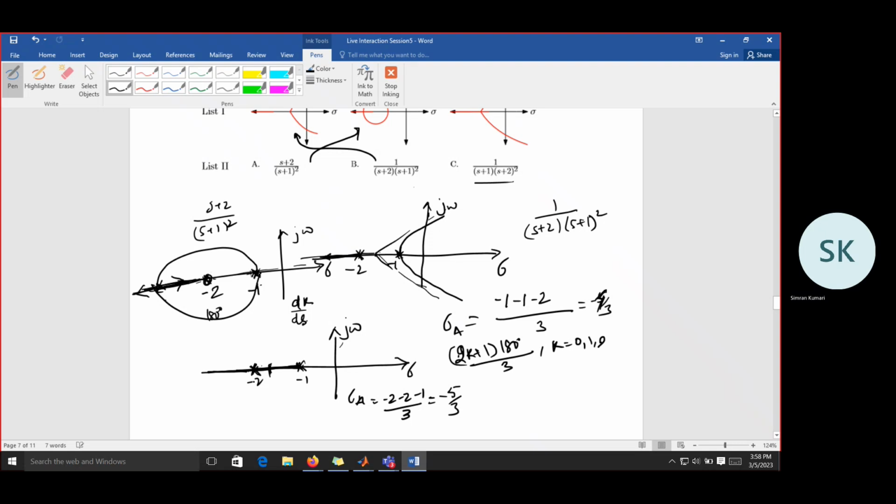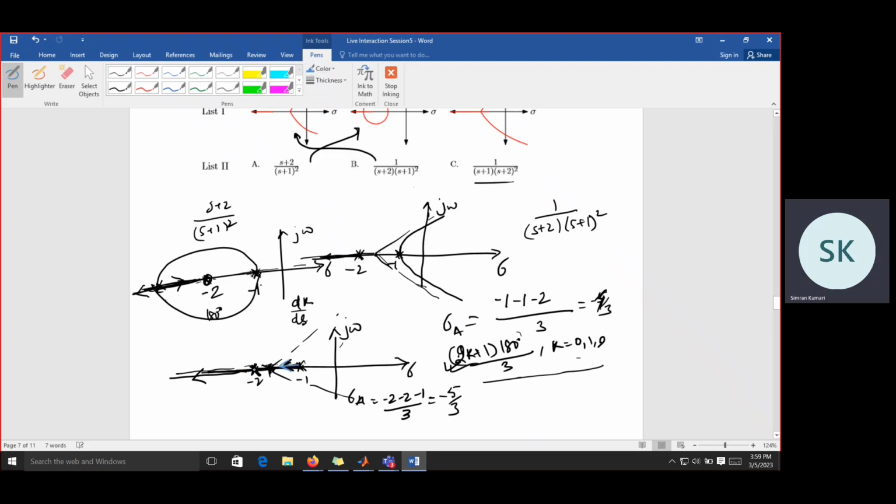And then we have these asymptotes, which will be the same again because for this angle criteria, we just need the number of poles and number of zeros. So this will be like this only. So one of the poles here is going to infinity along this. The other pole is coming toward this, and this pole is also coming on this side.